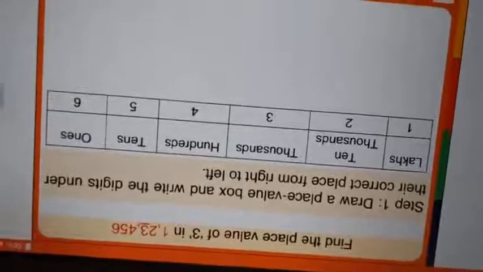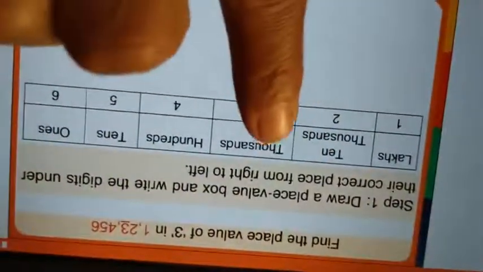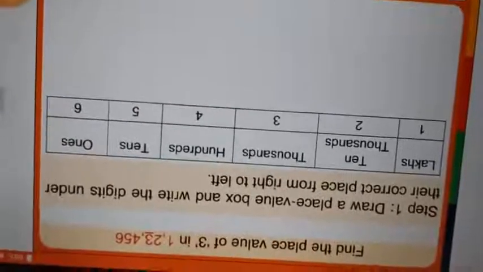We have to draw place value boxes. Write the digits under their correct place from right to left. राइट टू लेफ्ट में हमें करेक्ट डिजिट लिखने हैं. ठीक है.